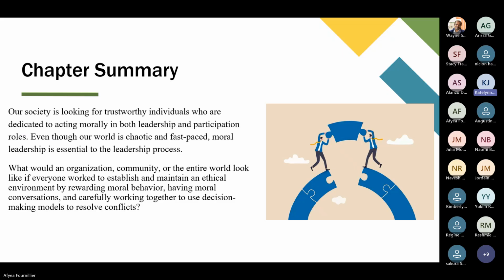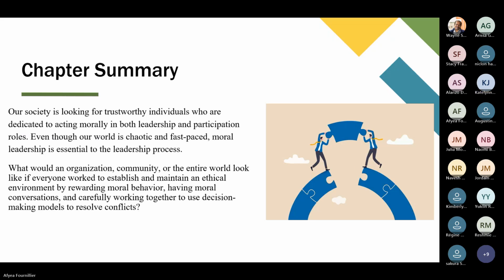Our society is looking for trustworthy individuals who are dedicated to acting morally in both leadership and participation roles. Even though our world is chaotic and fast paced, moral leadership is essential to the leadership process.